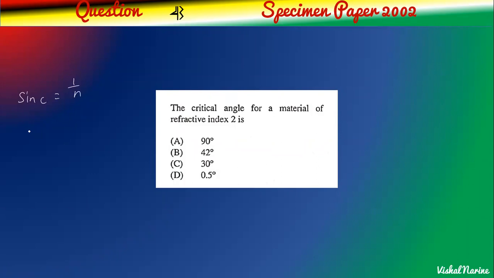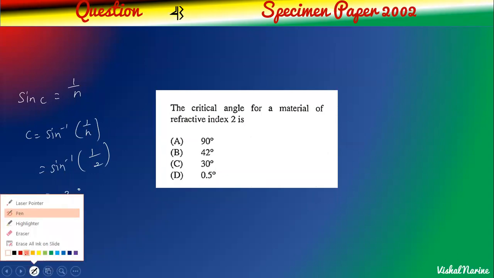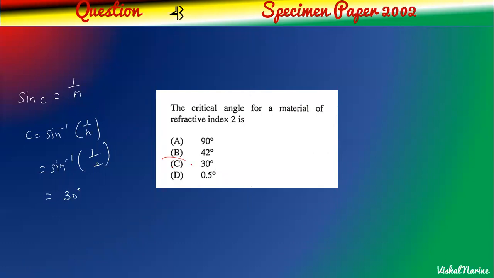So therefore, C is equal to sine inverse of 1 over n, which is equal to sine inverse of 1 over 2, which is a half. Taking your calculator, sine inverse of half is going to give you 30 degrees. The answer there is 30 degrees, which is C.